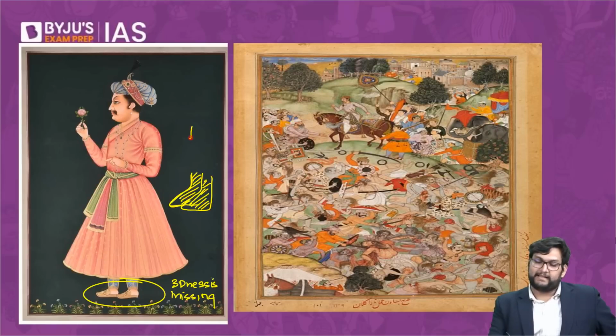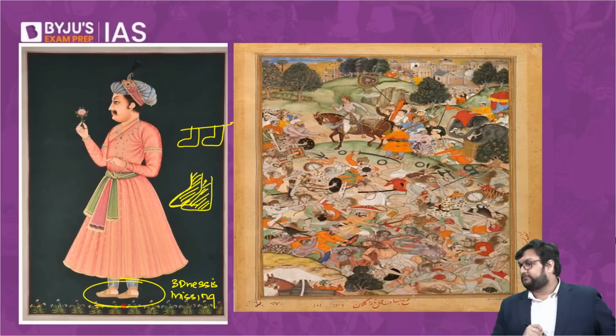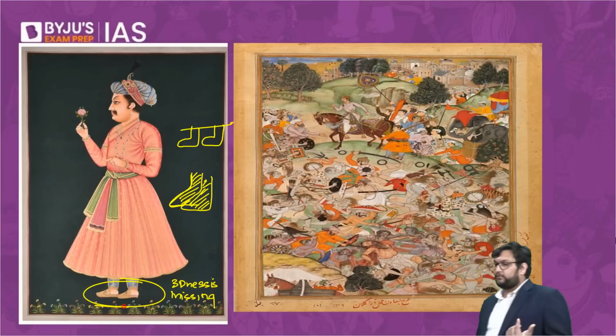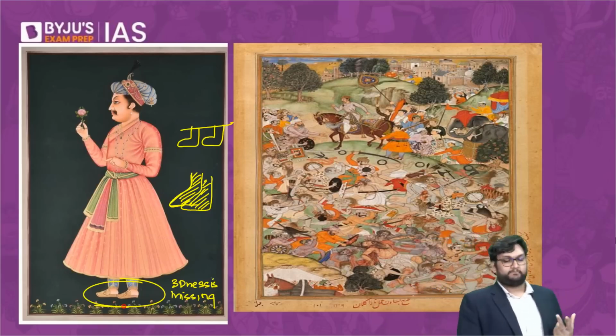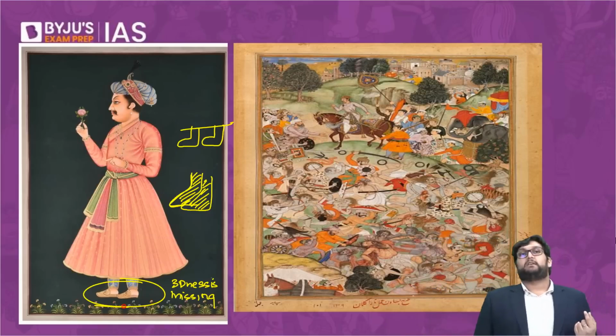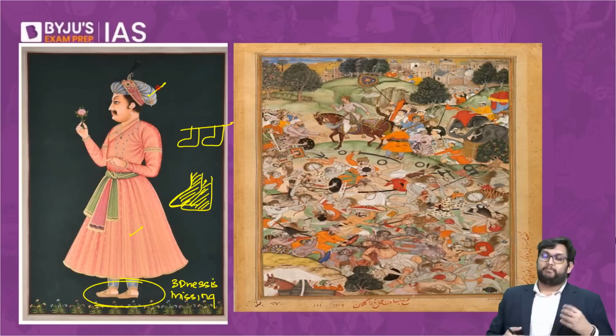You don't make it like this. This is what they've done. This is a portrait of Akbar, yes. Now, though there is no 3Dness, the way it is made tells you the very strong influence of Rajasthani Gujarati style, wherein the color scheme is becoming more and more lighter and brighter.